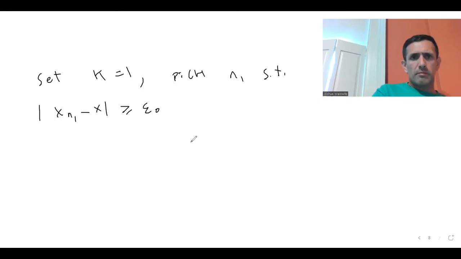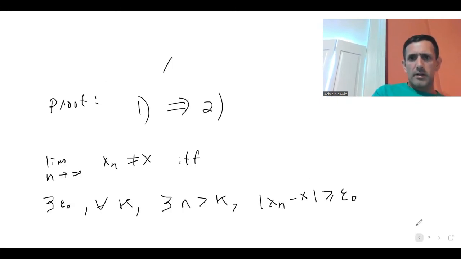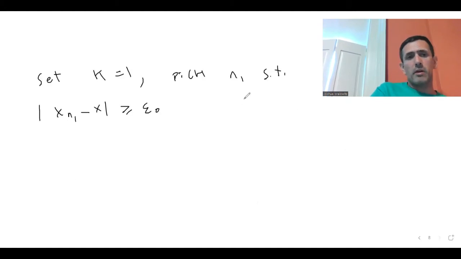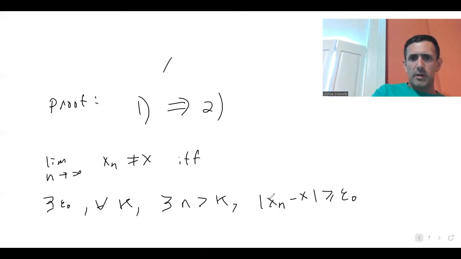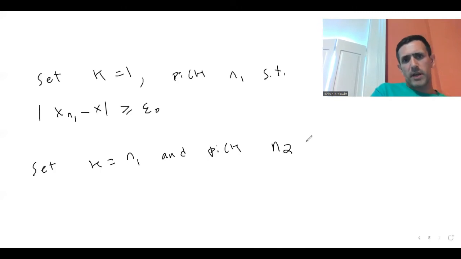Like I said, this n depends on k, so we're going to call it n1, corresponding to k equals 1. All right, so now let's set k to be n1. Now let's pick n2 bigger than k. So there exists n bigger than k, so n2 is bigger than k, which is n1.